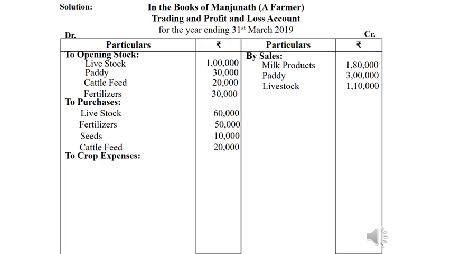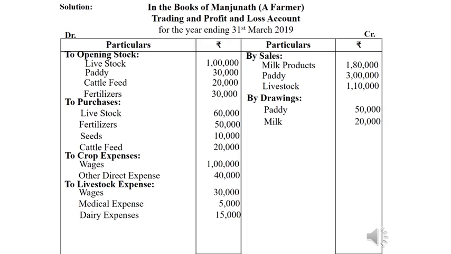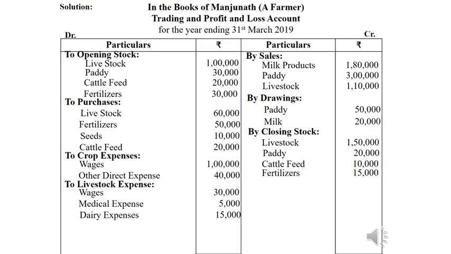Record crop expenses: wages 1 lakh, other direct expenses 40,000. Then livestock expenses: wages 30,000, medical expenses 5,000, dairy expenses 15,000. Record drawings: paddy 50,000 and milk products 20,000. Closing stock: livestock 1,50,000, paddy 20,000, cattle feed 10,000, fertilizers 15,000.